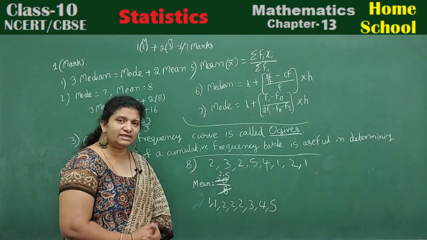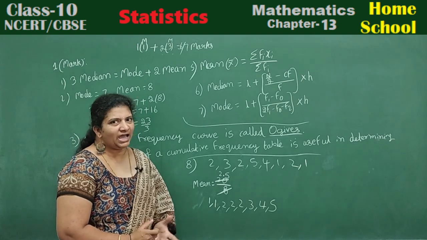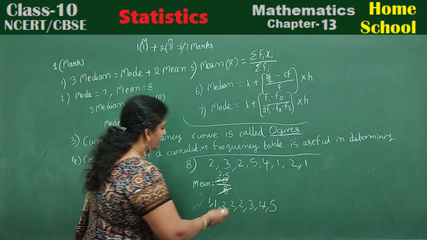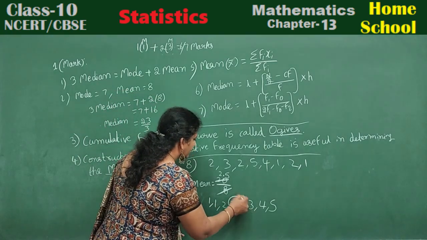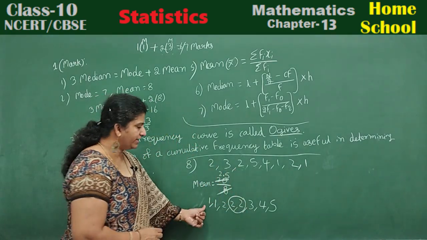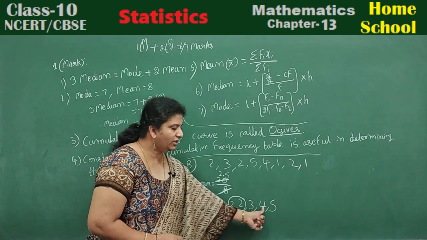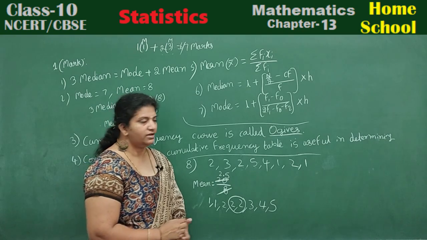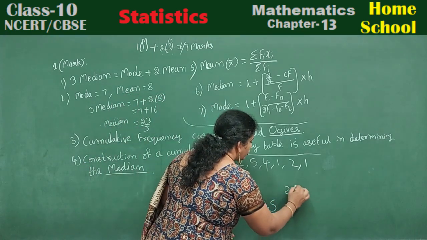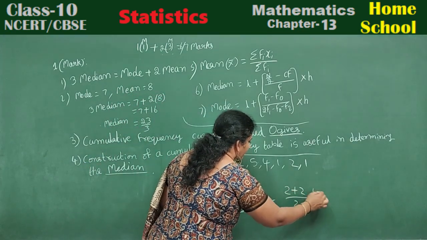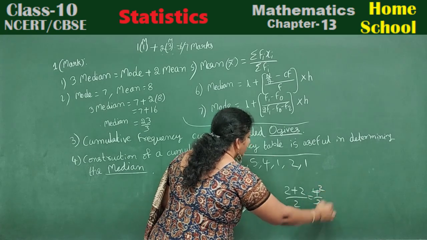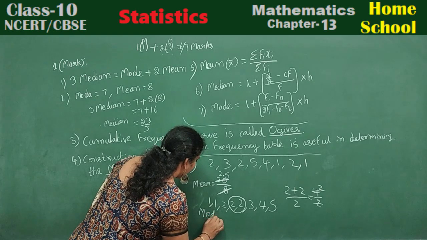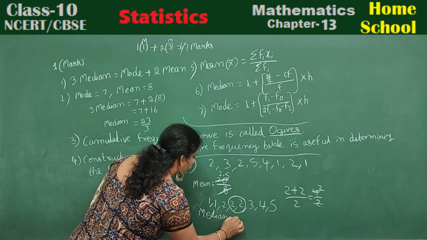How can I select the middlemost number? I cannot. 8 is an even number. So, we go with these two numbers. Leave three on each side, and in the middle you have two numbers. Add the two numbers. 2 plus 2 by 2, it will be 4 by 2. 2 is the median. Therefore, median is equal to 2.